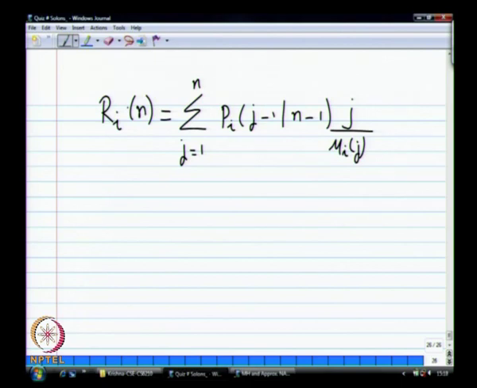Does it make sense? If there are j jobs at a given point in time, that is simply the probability of this jth job finding j minus 1 jobs when there are n minus 1 jobs in the system. So Pi(j minus 1, n minus 1) is the probability of having j minus 1 jobs in the ith queue when there are n minus 1 jobs in the system. Then your jth tagged job comes along, therefore the total service time is simply j divided by mu of j.